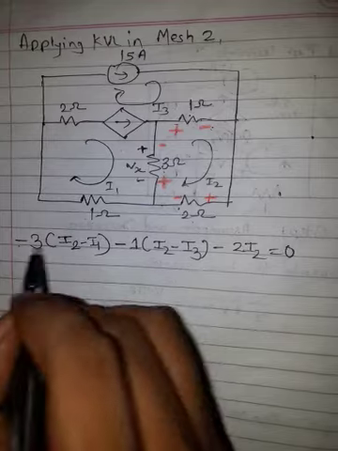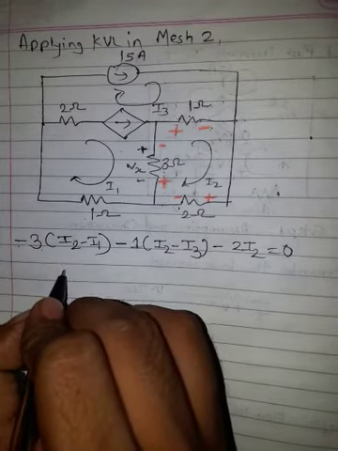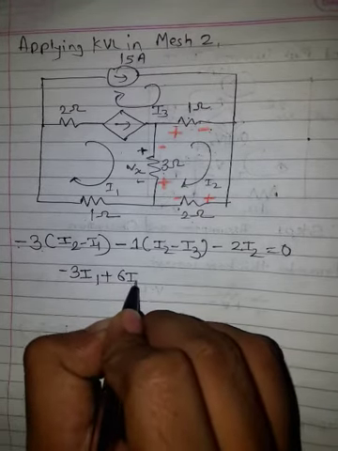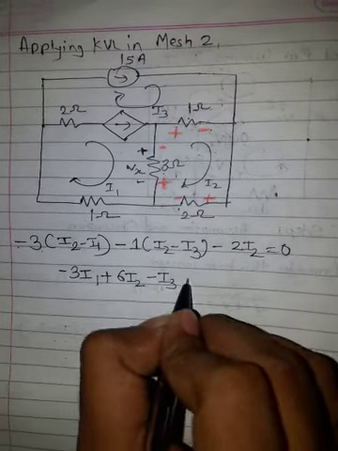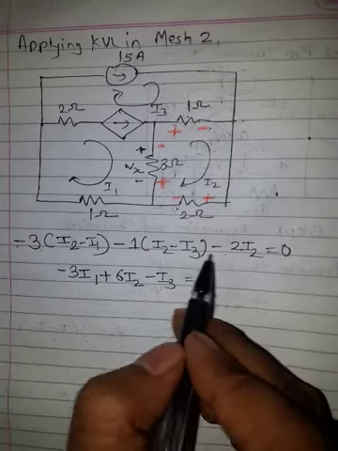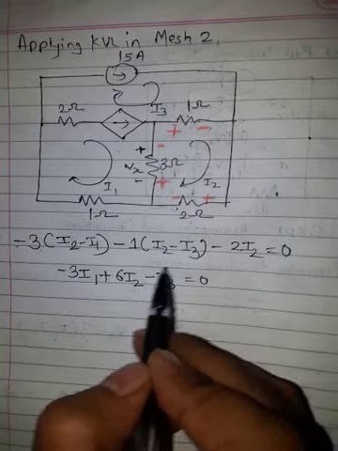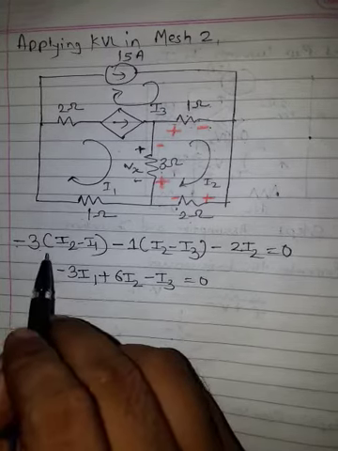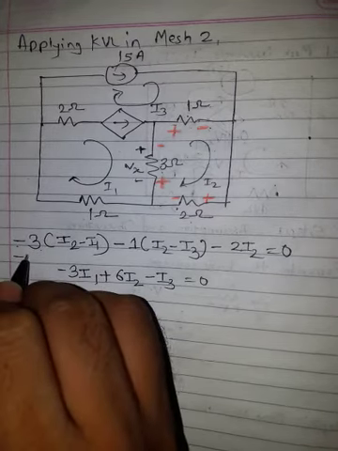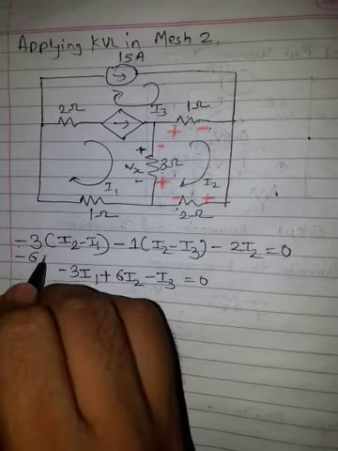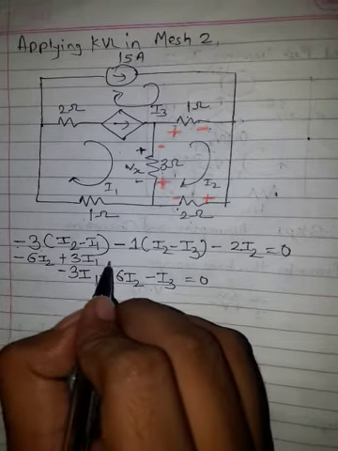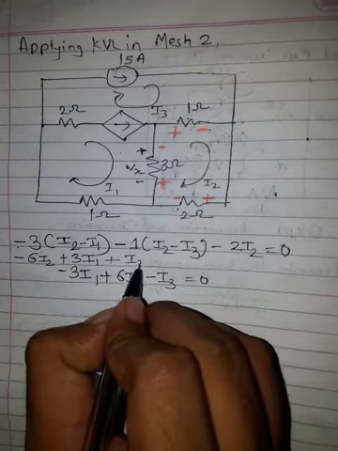Now from this we will get minus 3 into I1 plus 6 I2 minus I3 equal to 0. Minus 3 minus 1 minus 2 is minus 6, and with minus minus plus we get minus 6 I2 plus 3 I1 plus I3 equal to 0.